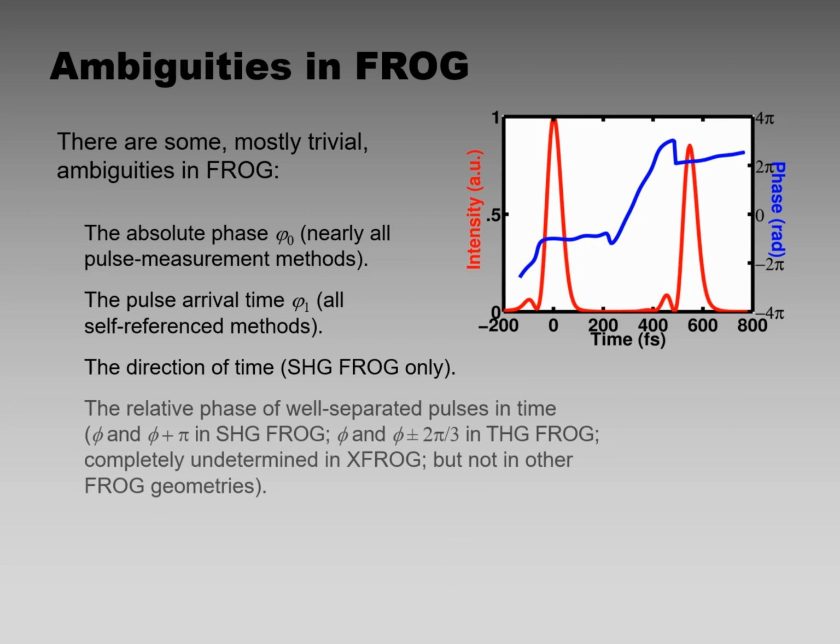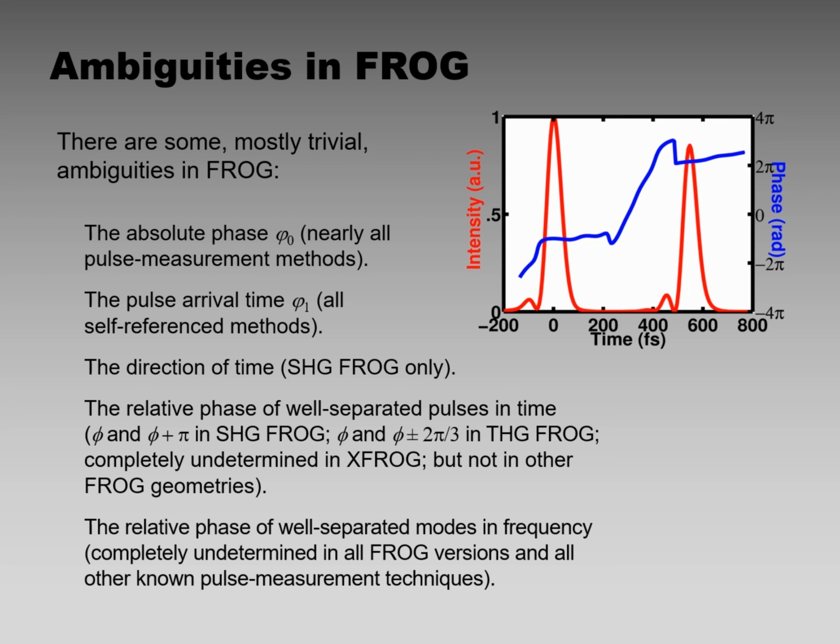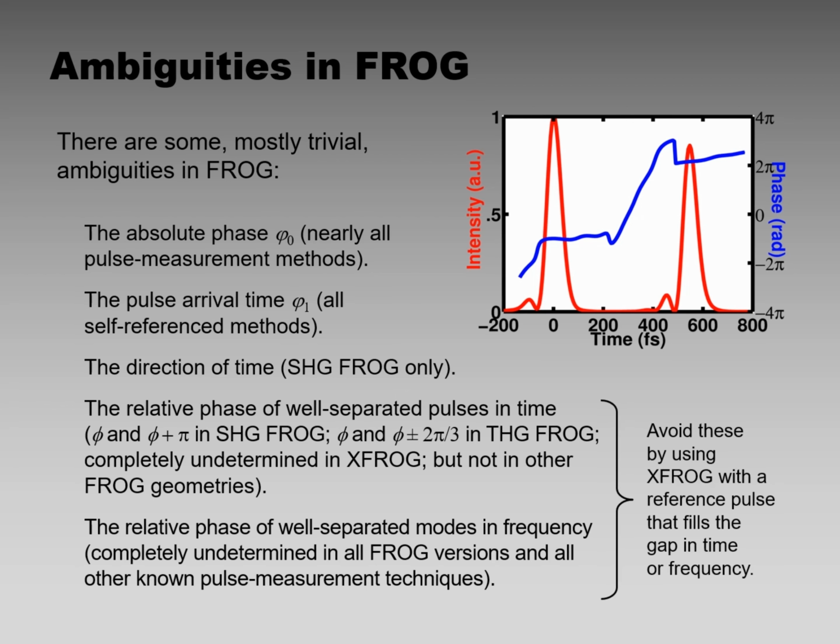Also, the relative phase of well-separated pulses in time, which varies from version to version of FROG. And finally, the relative phase of well-separated modes in frequency, which are actually completely undetermined in all FROG versions and all other known pulse measurement techniques. But most of these are generally considered trivial, meaning that they can be removed easily, though they're not important. Although the last one could be important in some cases.